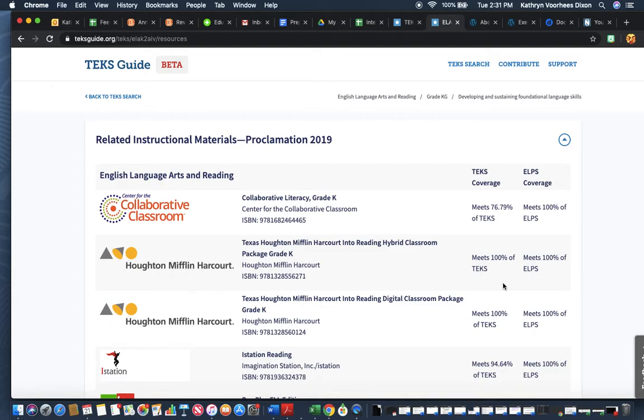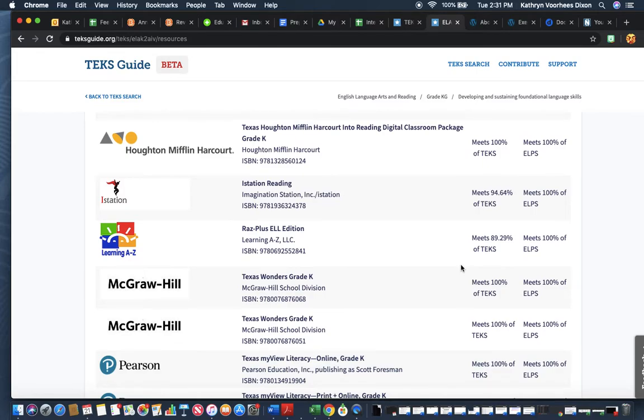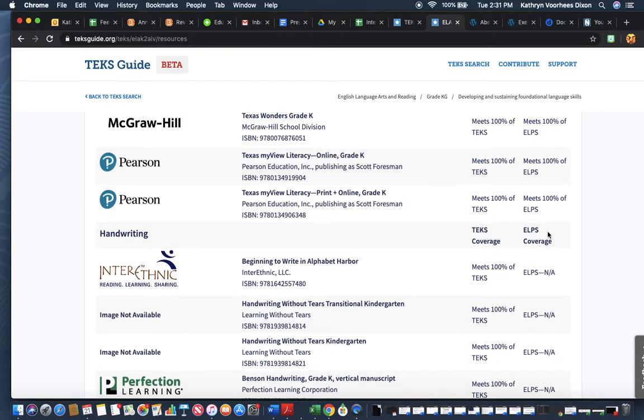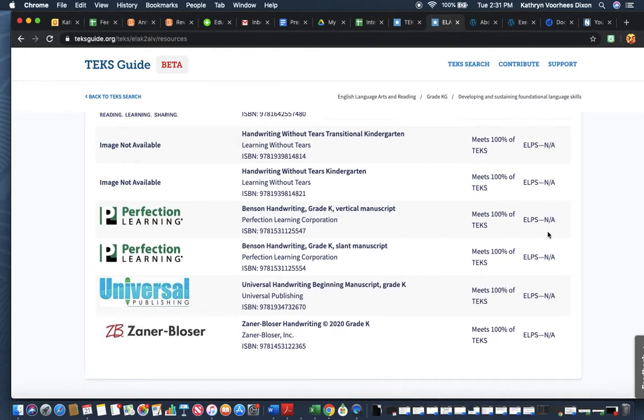So these are different materials that different school districts might adopt as part of their reading program. And so what you are able to do then is go down and find what a particular school district is using, and then see how it connects or aligns with the TEKS and the ELPS. So you can go all the way down through those.